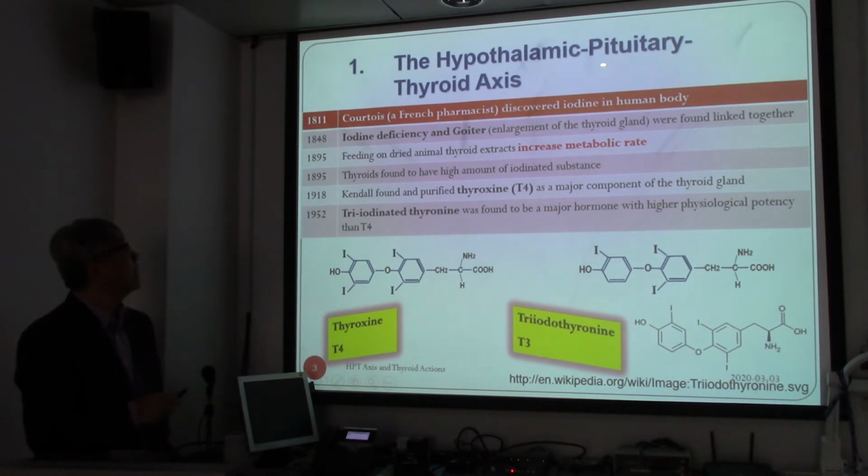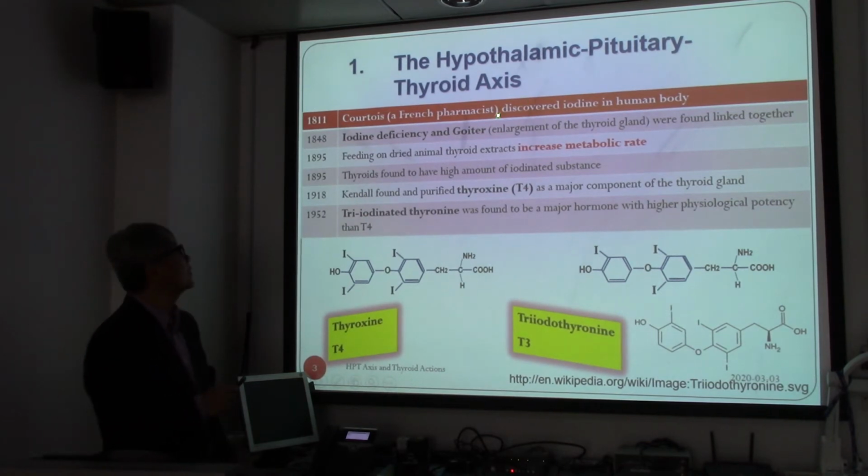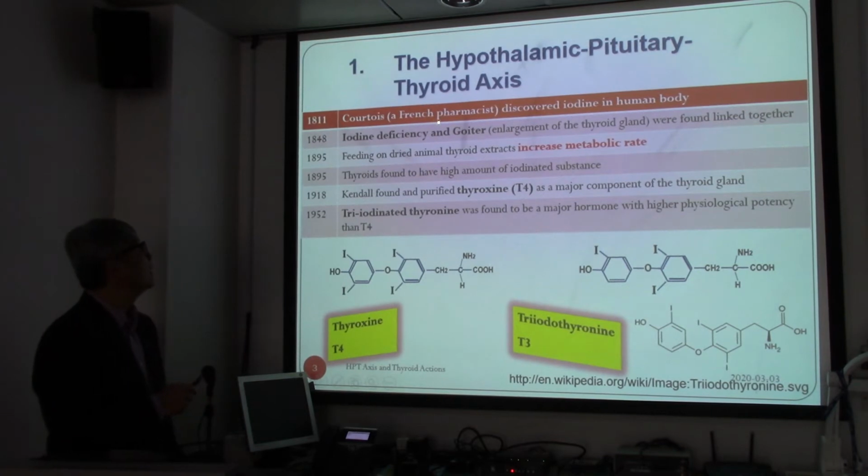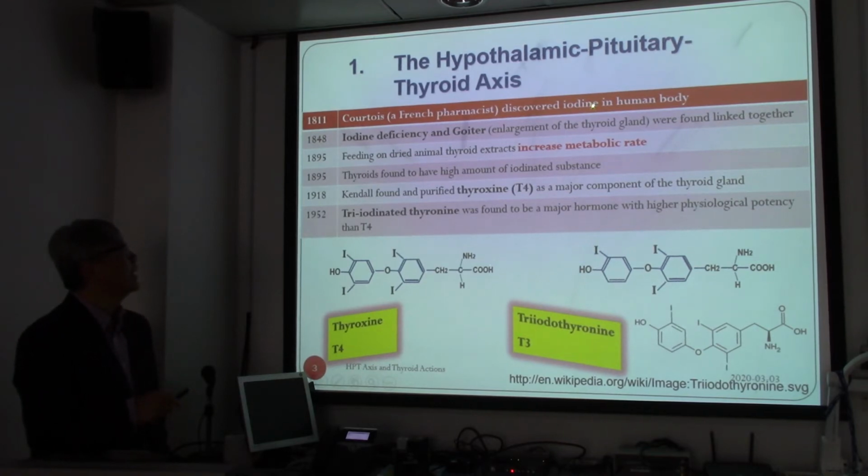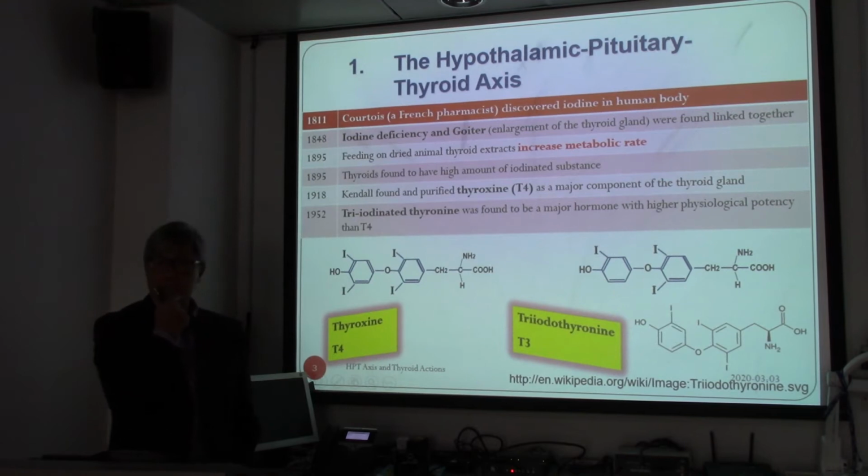The hypothalamic-pituitary-thyroid axis, we first get to understand the French pharmacist Courtois, I'm not sure my pronunciation is correct, back in 1811, discovered iodine in the human body.